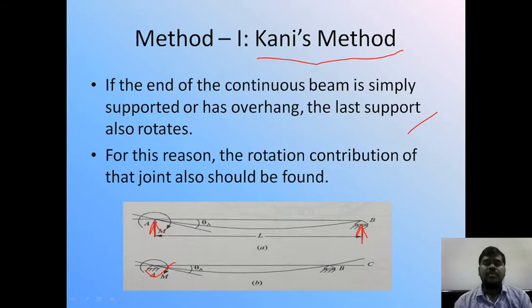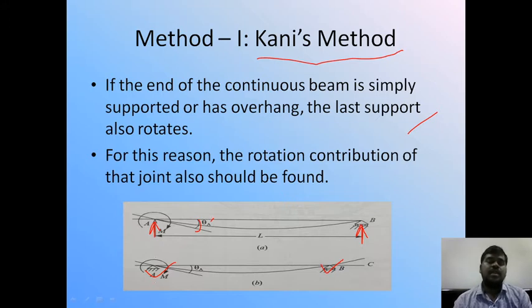So here we get theta A. In the previous case we don't have theta A, because theta A is considered as 0 due to the fixed support, so the slope will be 0. As this is simply supported we have some theta A, that is rotation. We have some slope, which means it is rotating.